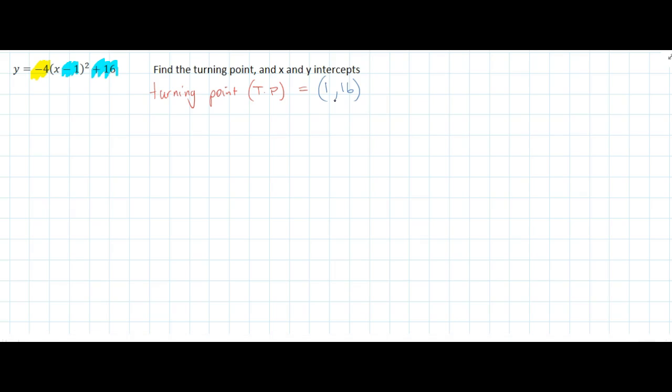The second thing we're going to do is the y-intercept. We let x equal 0. This is a little bit different to a standard quadratic equation, as it doesn't just end up being that 16.